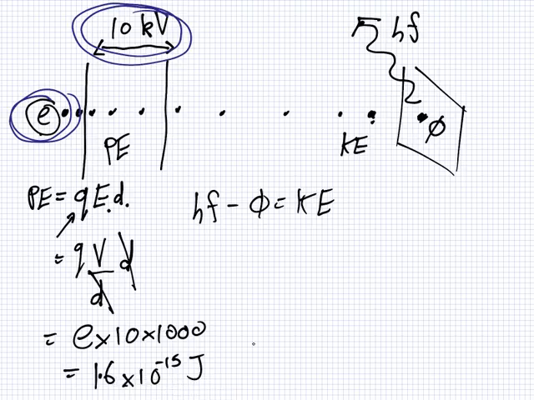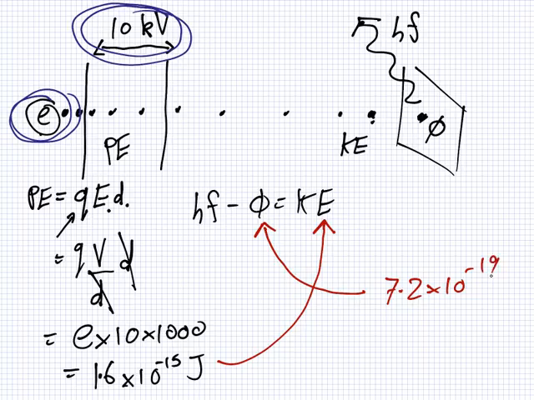So we can put that in here for Ke. In the question, what did I say the work function was? 7.2 times 10 to the power minus 19. Okay, so if we put those numbers in, I get this.